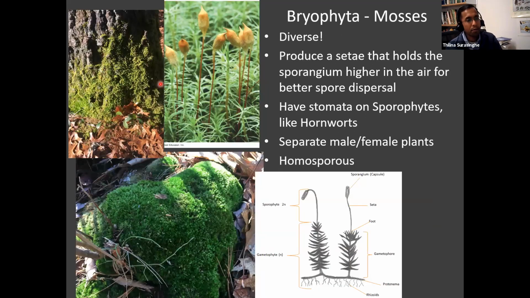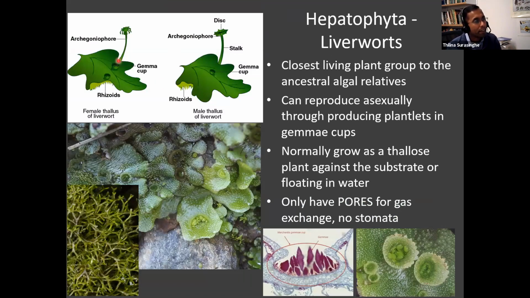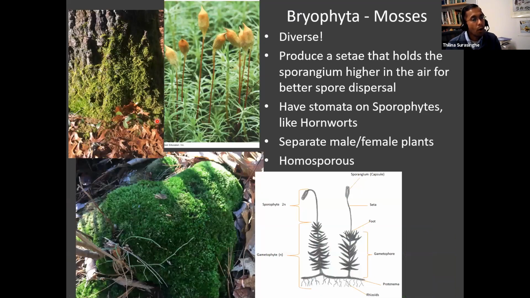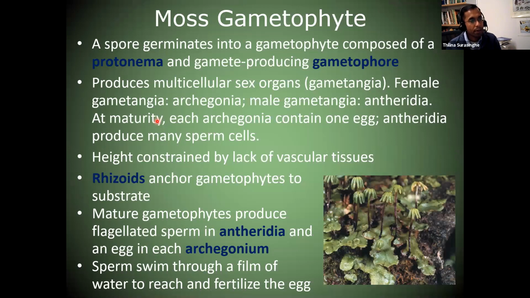So the thallus part over here is the gametophyte. Now, moving over here, let's talk a little more about the moss gametophyte in detail. The spore released by the sporangium, sporangium singular, sporangia plural, germinates first into a gametophyte.